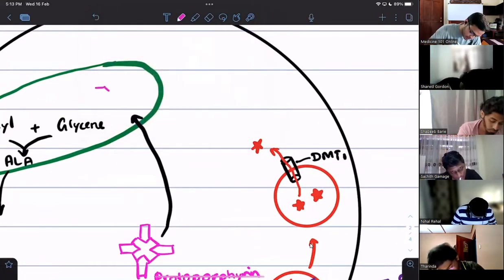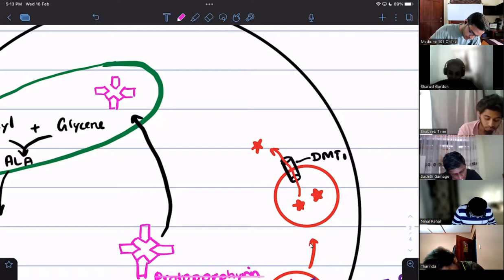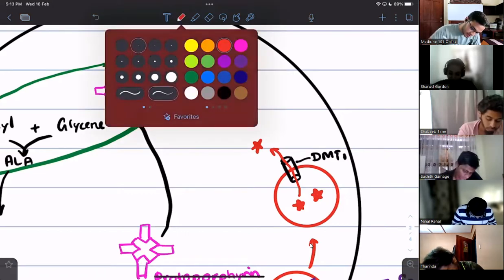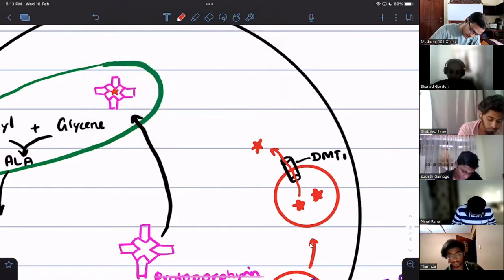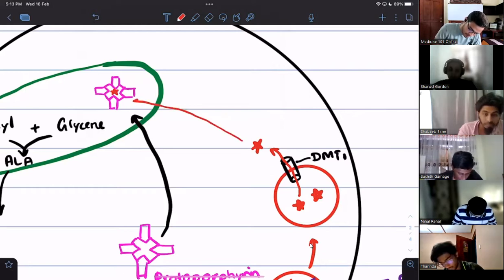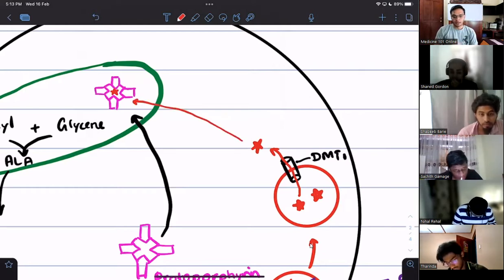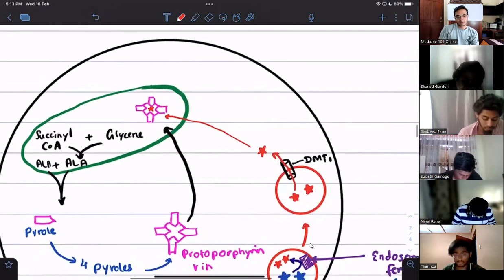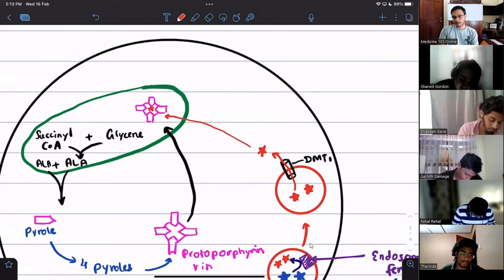So it will look now something like this, and an iron in the middle. You all can draw this iron, it will be put in the middle like this. What is this? The protoporphyrin ring with iron in the middle.